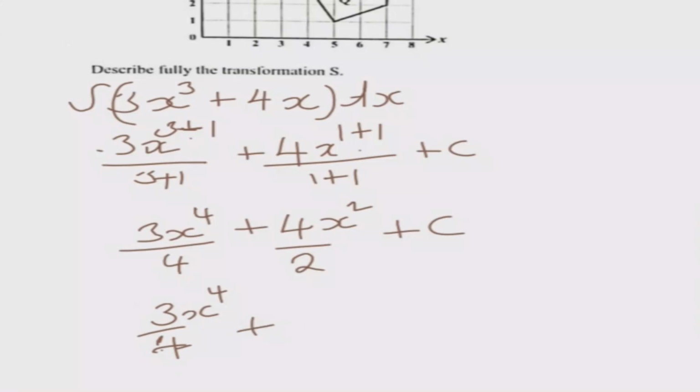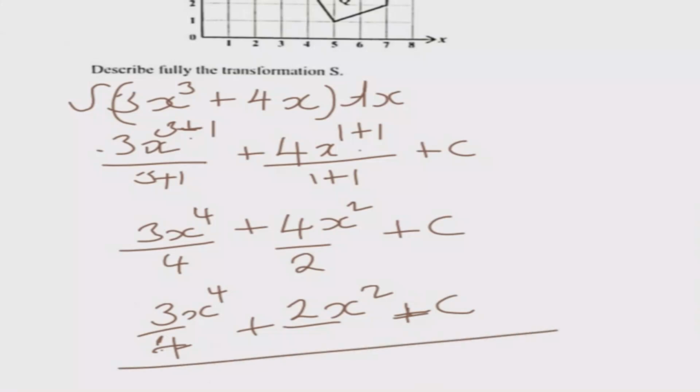Plus 2 into 4, it will go 2 times, so we have 2x raised to the power of 2, then we say plus c. So that is the final answer of that question.